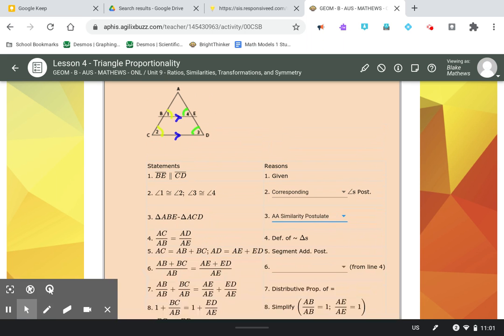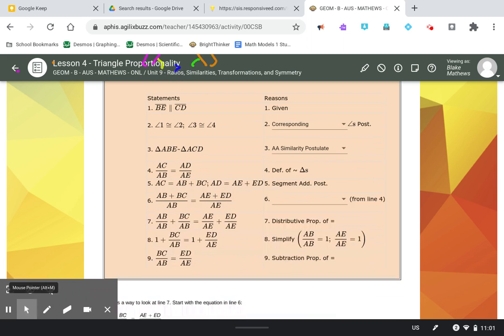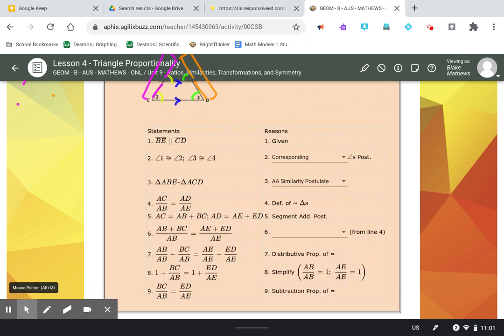And we know that based on the segment addition postulate, that the different parts of these add up to make that whole thing. In other words, AC is made up of AB and BC. And then similarly, AD is made up of AE and ED. All right. And then basically what they're doing is they're doing some substitution from number 5 and combining number 4 and number 5 to make the statement in number 6.